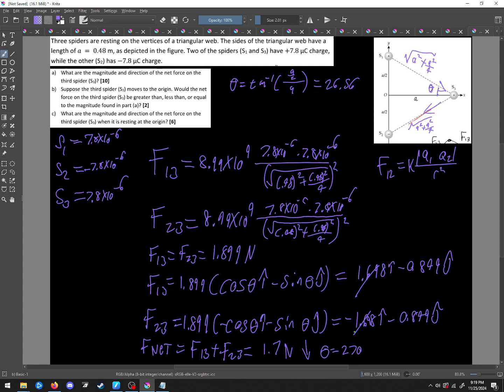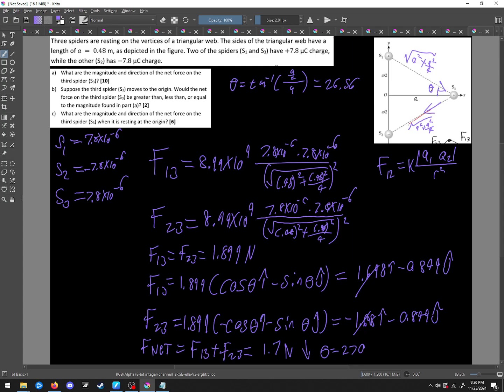No, they just want the direction there. Okay. 270 should be 360 minus 90. Yeah, it should just be straight down. That's part A.